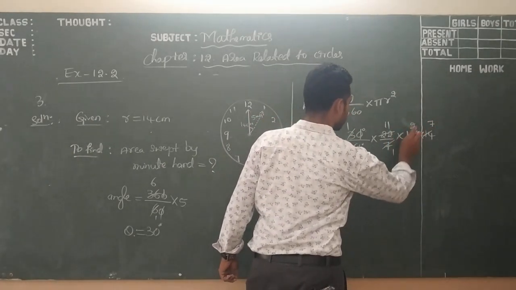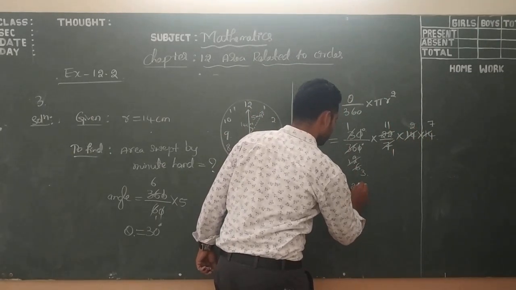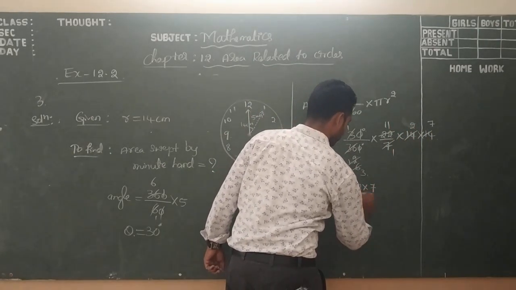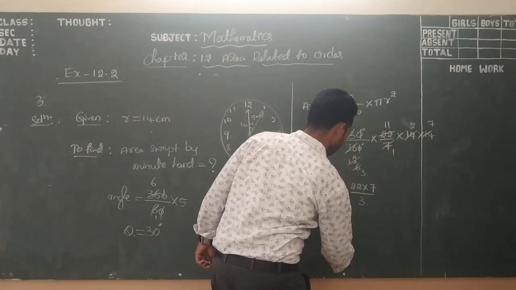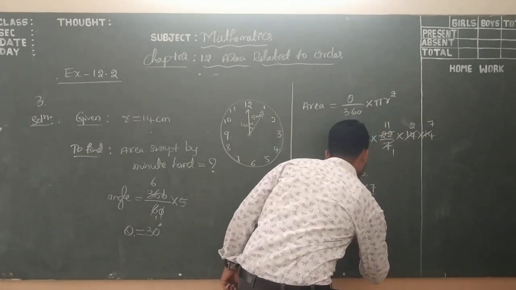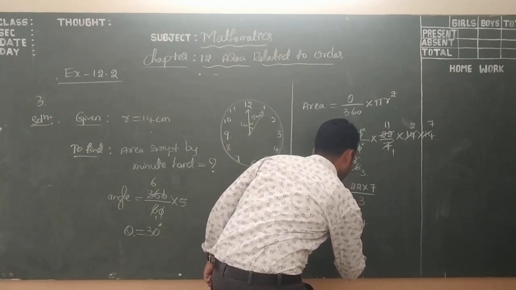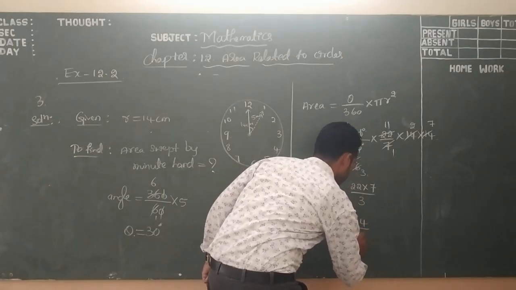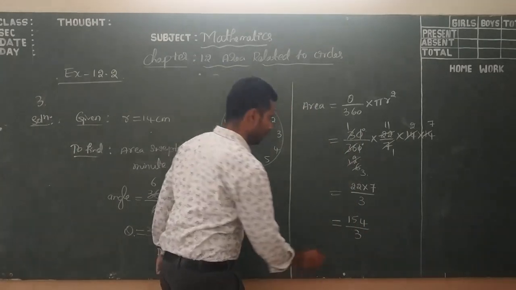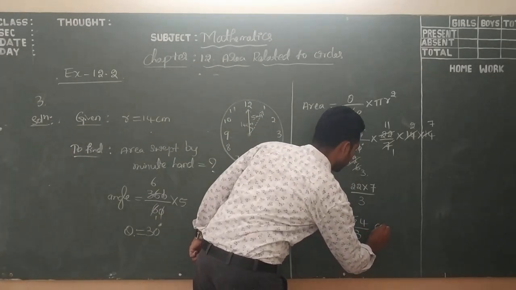So 11 twos are 22 into 7 by 3. So 154 by 3 centimeter square.